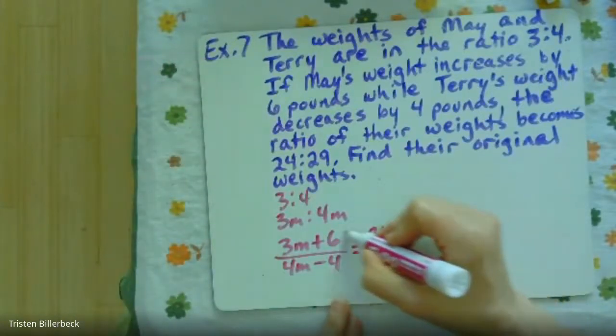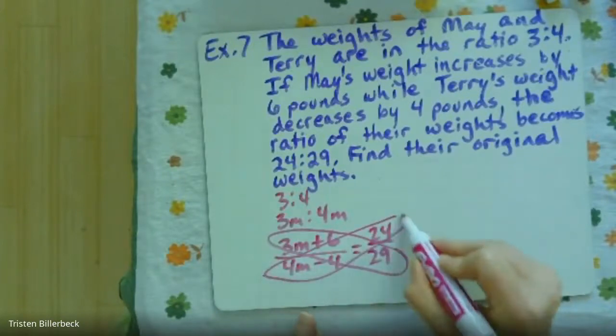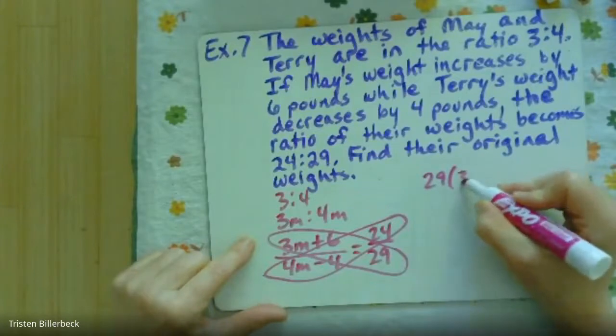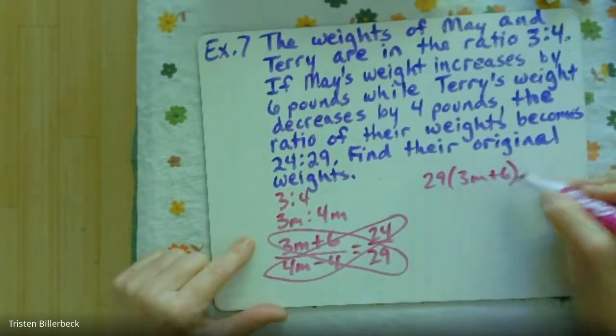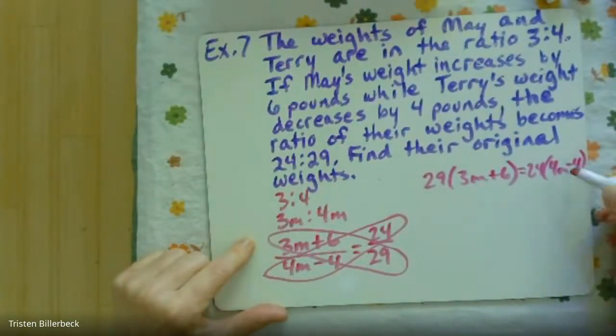So now we're going to cross multiply. We end up with 29 times 3m plus 6 equals 24 times 4m minus 4.